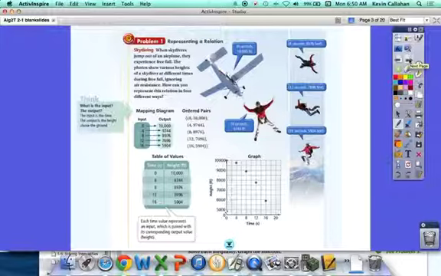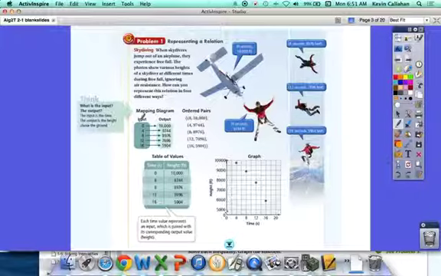Okay, this is from what they're calling problem 1. I'm probably going to say example 1, because that's what it really is. But it's just giving an example of a relation presented in the four different formats that we just saw. This particular relation is the input values are the time since a parachutist has jumped out of his plane and his height or altitude.